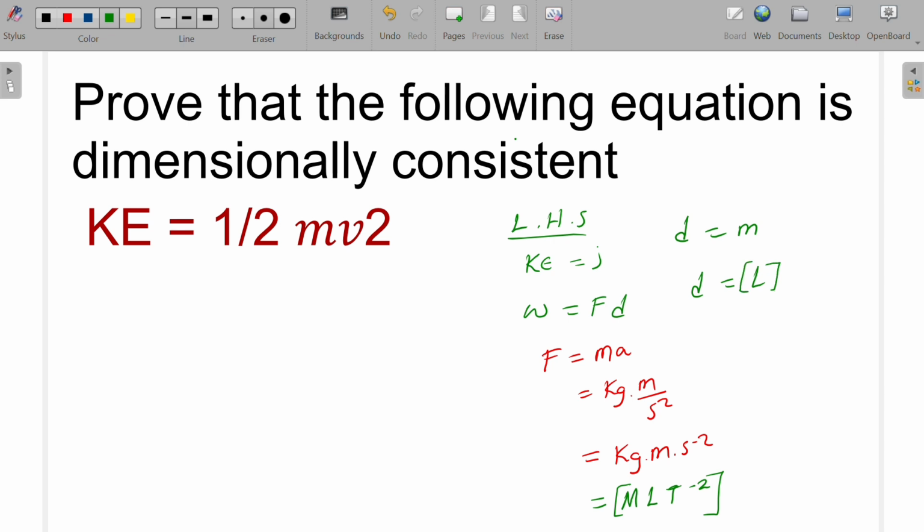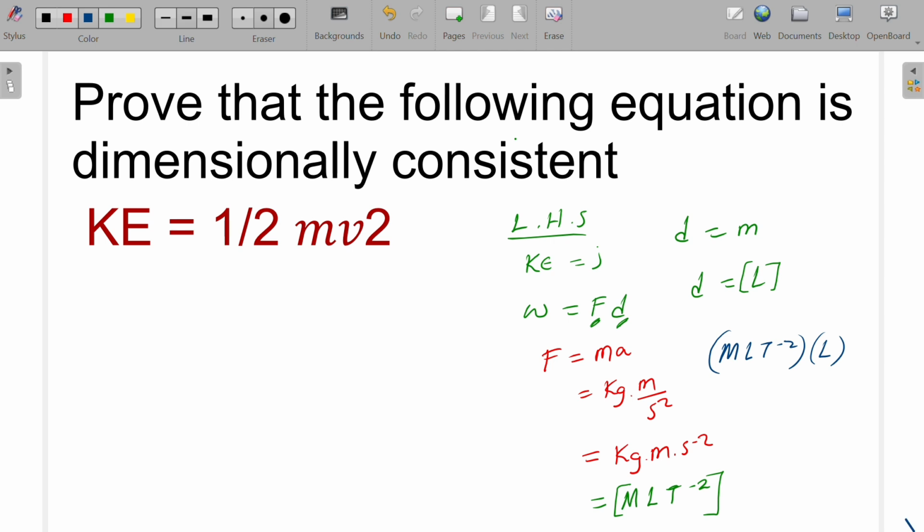Now, bringing these two together, remember the dimensions for force must multiply by the dimensions for distance in order for us to get the dimensions for work, which is the same as the dimensions for kinetic energy, and those are joules. So we'll say our M L T to minus 2, these are going to multiply with L that we have there.